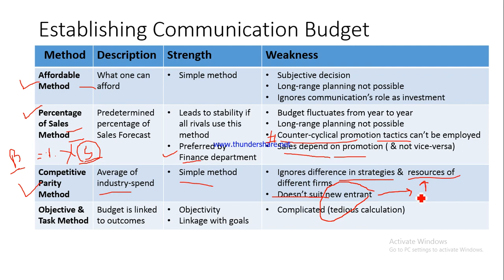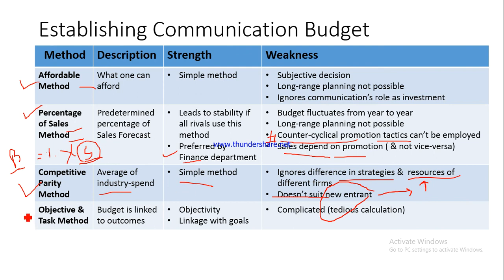It probably would not have that kind of resources, so it would not be of any use. In fact, it would not be possible for this new entrant to spend the same amount of money, right? So this is again one weakness of this particular method, the competitive parity method. However, again, it's a very simple method, and that is its strength.